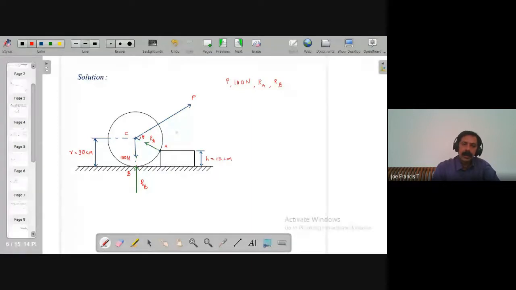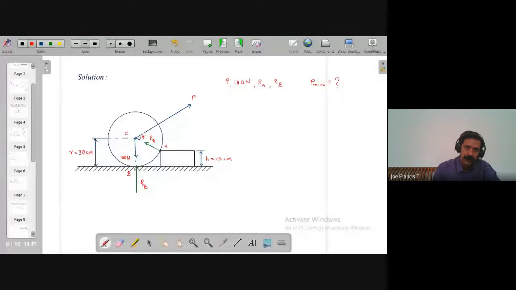Now you are asked to find the minimum value for P. So P minimum is to be found. That means we find P at the moment when the sphere just turns about.